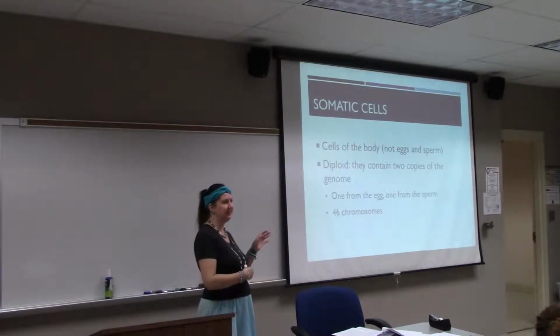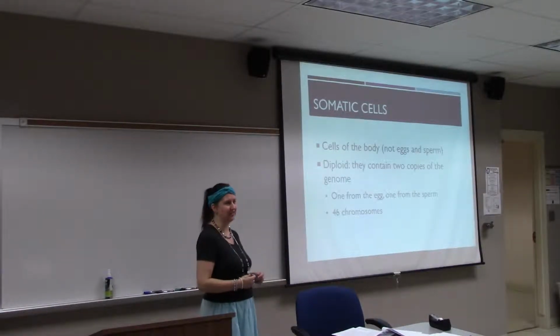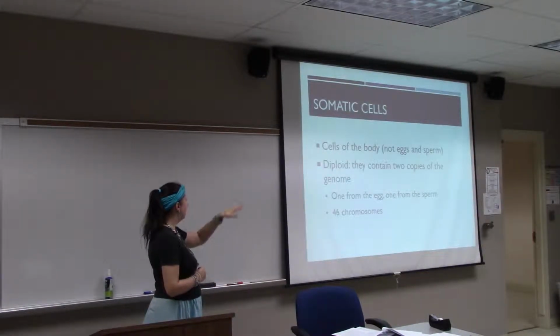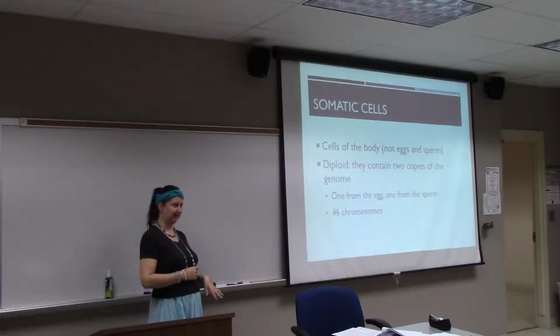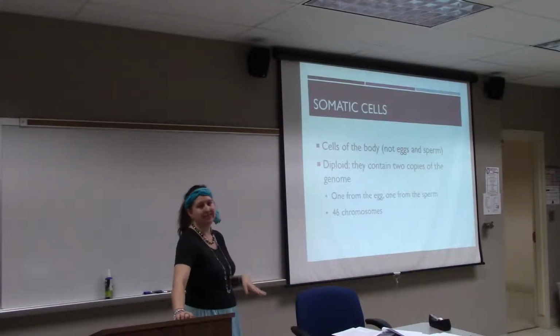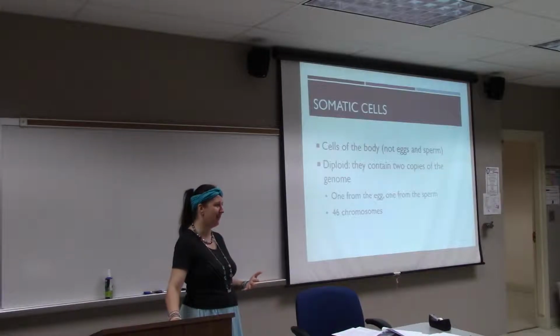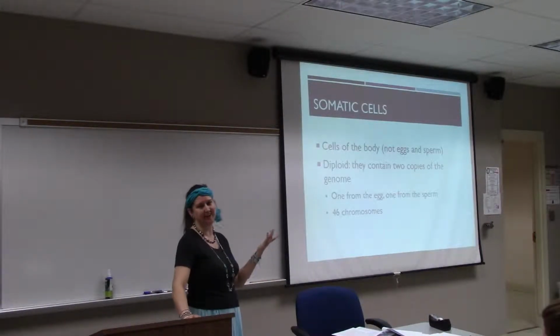Somatic cells is the term for body cells not including eggs and sperm. They are what's called diploid, which means they contain 2 copies of the genome. We call gametes haploid for having half the DNA. There's no term for having one set of DNA.